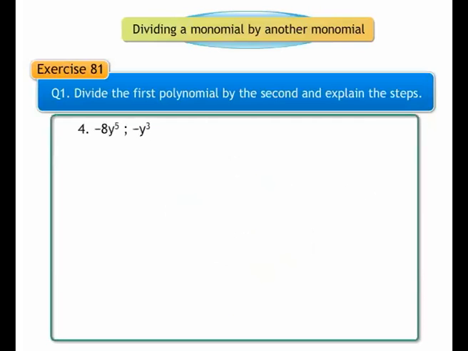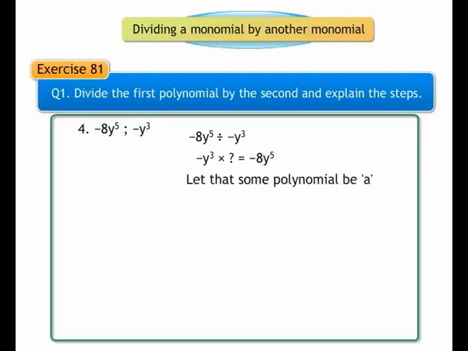4. Minus 8y raised to 5 divided by minus y cube. This means to divide minus 8y raised to 5 by minus y cube, which is minus y cube multiplied by some polynomial will give you minus 8y raised to 5. Let that some polynomial be a.